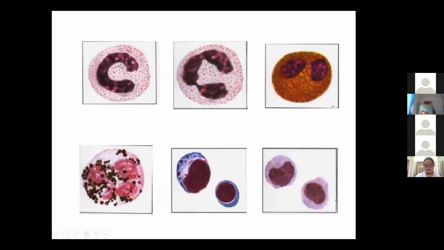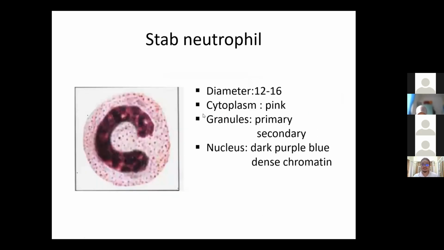So these are abnormal. These are neutrophils that are still young, and if they occur in kids, we expect a lot of band neutrophils. But in an adult population like you and me, we expect most of the neutrophils to be of the normal type. Maybe we will see 1 or 2 like this, but they are very few, very insignificant.